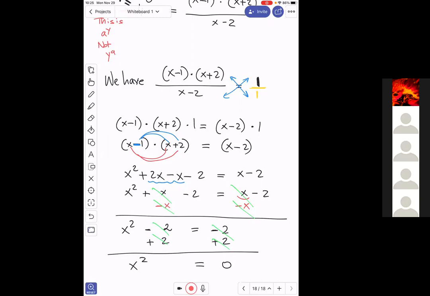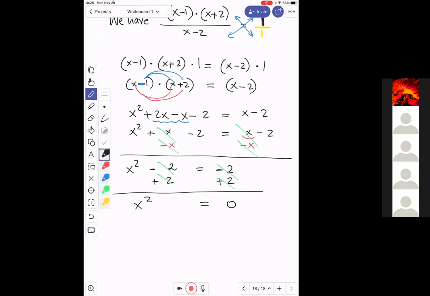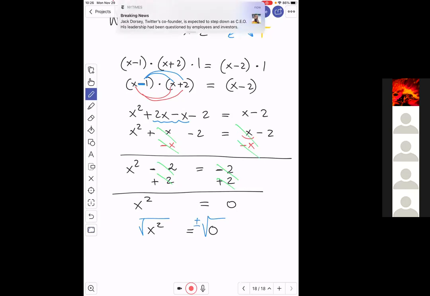And x squared equal to 0. You can apply the square root to get rid of the square. So I'm going to apply the square root to both sides. And don't forget, because the power of x is even, you're supposed to have plus or minus. Whenever you have an even power nth root, then you need a plus or minus.